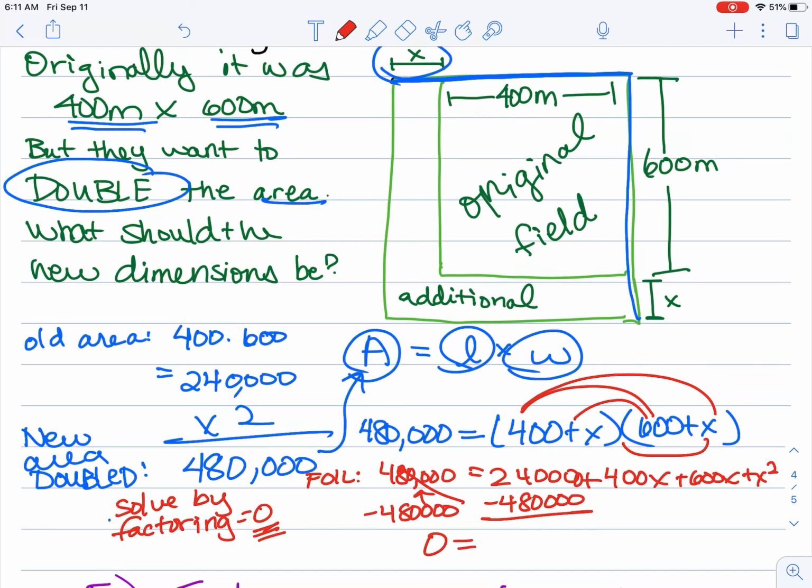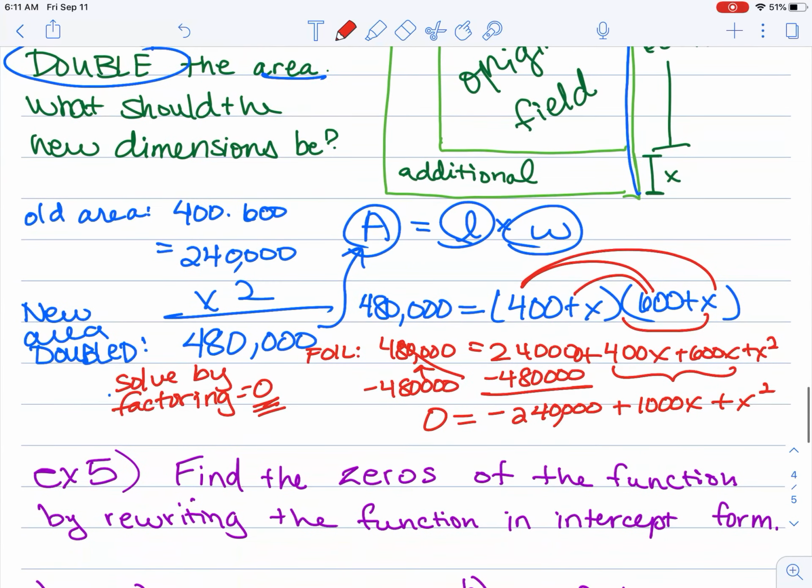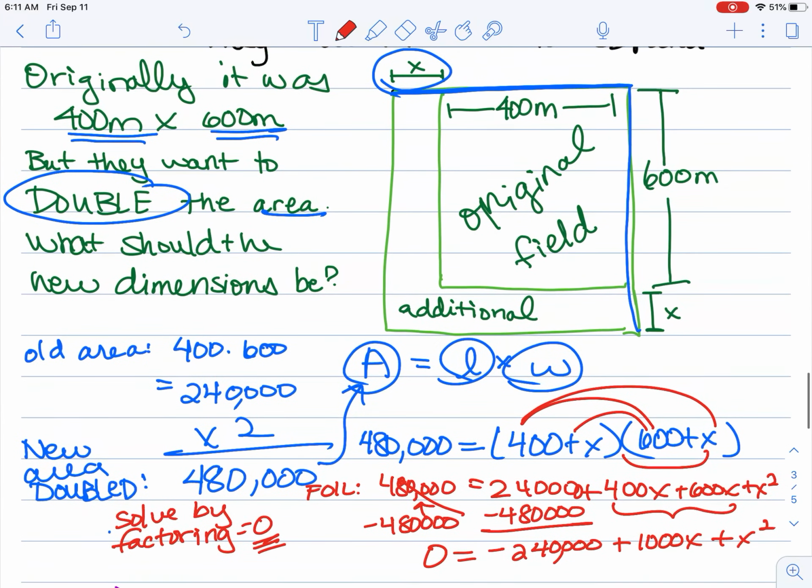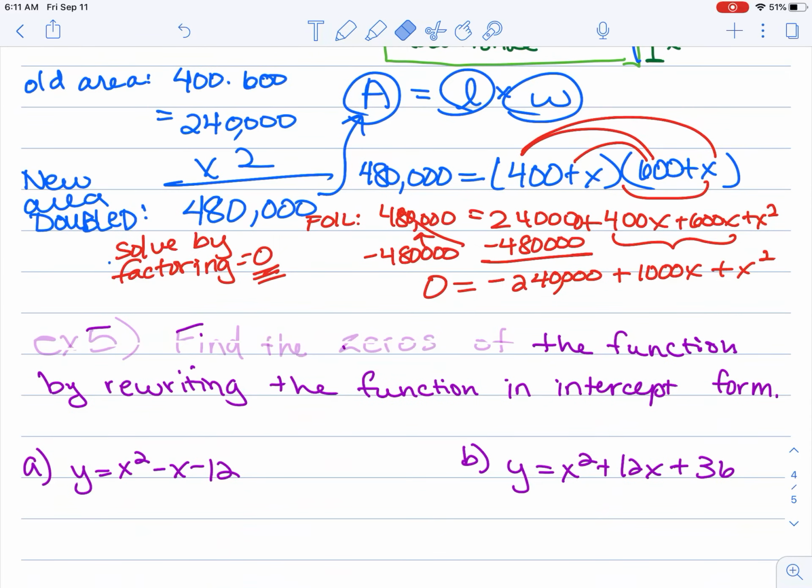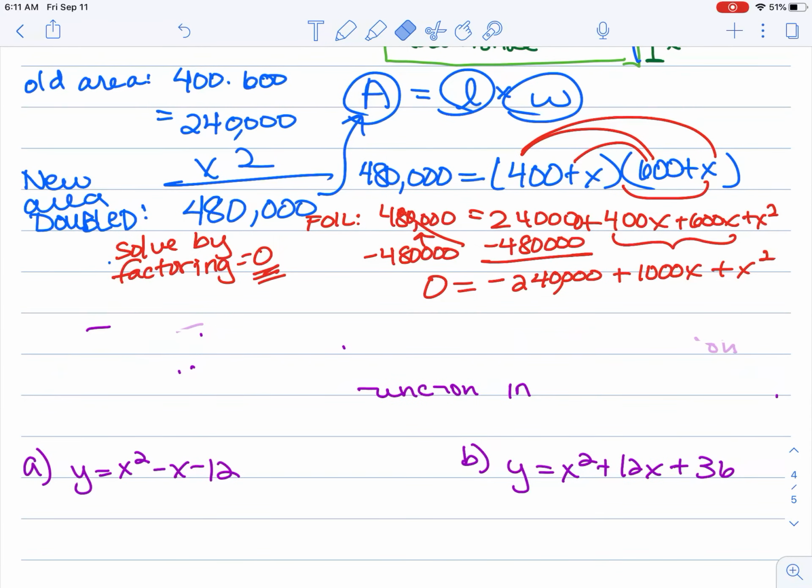So we're left with 0 equals negative 240,000, combine like terms. So now we have this we're going to factor, okay? I didn't give myself very much room, did I? It's okay. I'll just have to bring it down later.